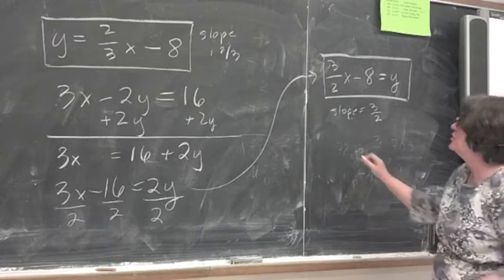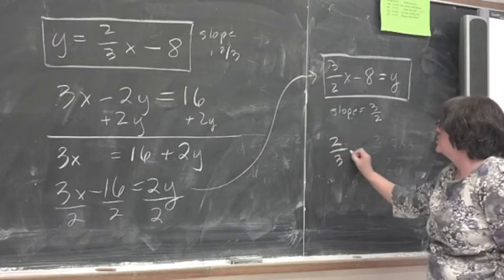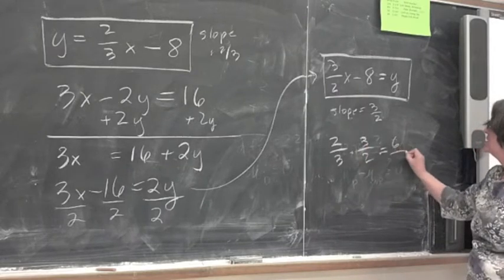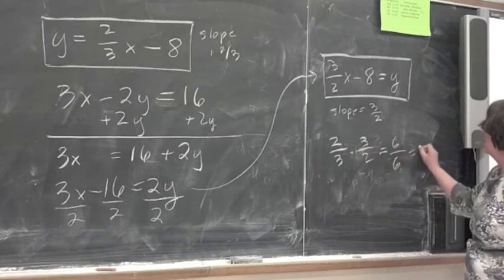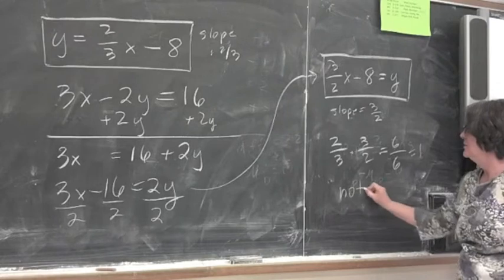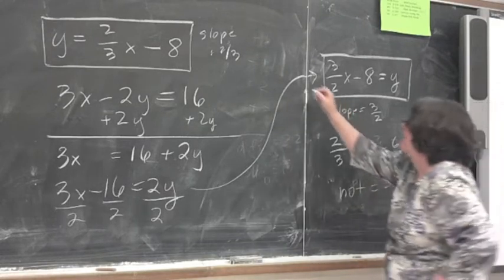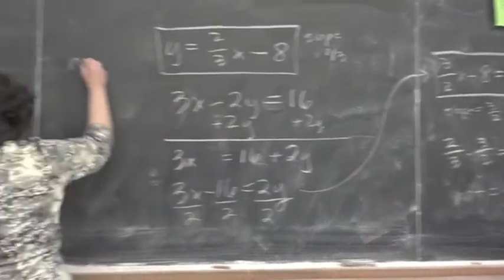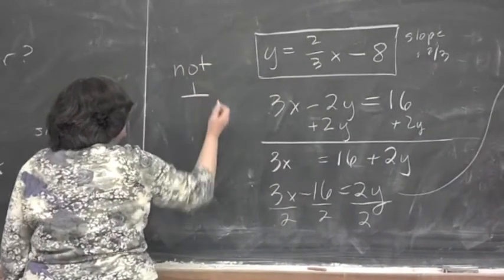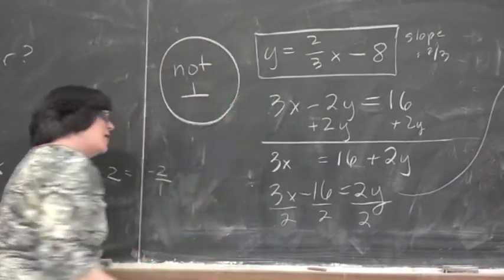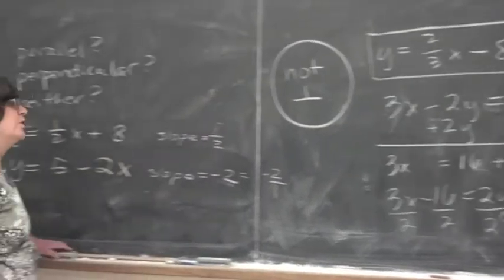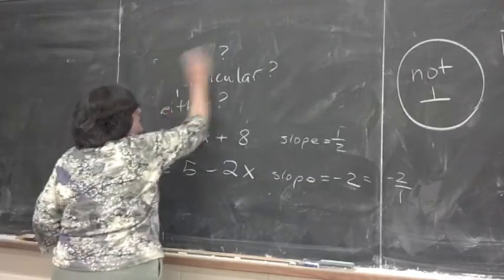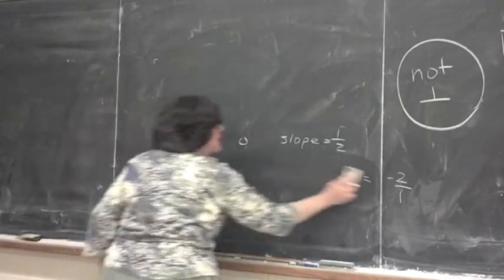These will not turn out to be perpendicular. We can check it with the check. 6/6 equals 1, not -1. So these guys are, in fact, not perpendicular. Now I think it's worth looking at for real quick on the graph paper. They don't even look perpendicular if you graph them.